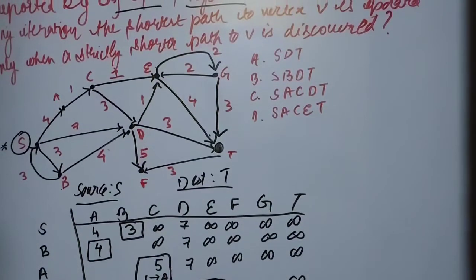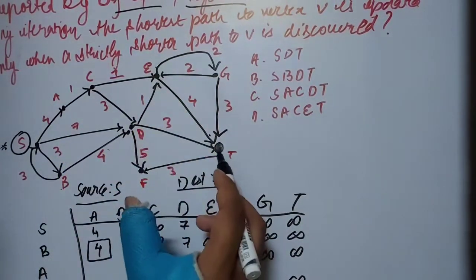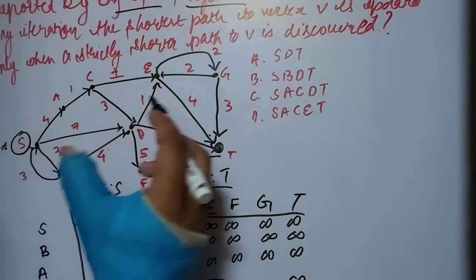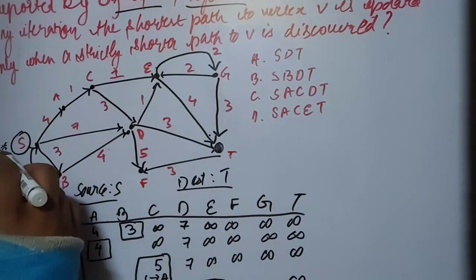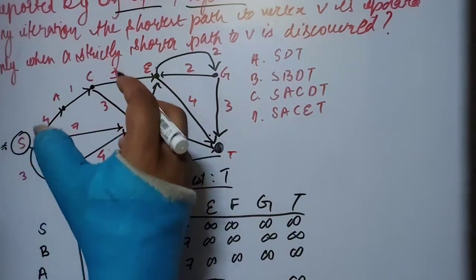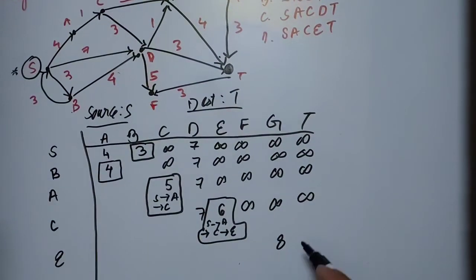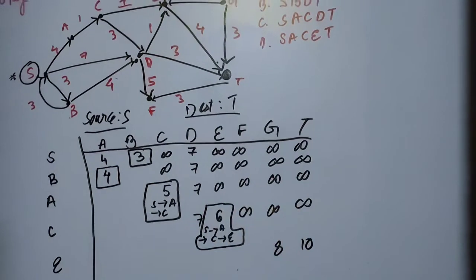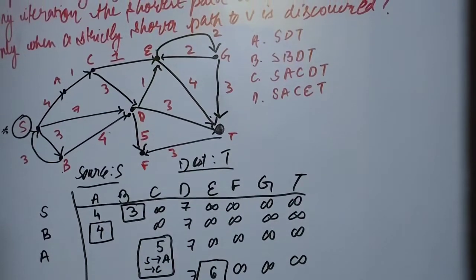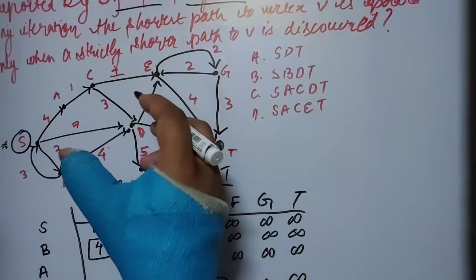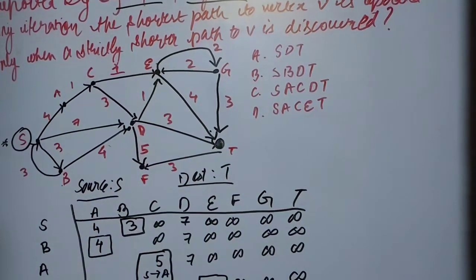Now from E we could reach T, and its distance is 4. From S to E is 6, and 6 plus 4 is 10. So now here it comes 10. And we could not reach F from E, so we will put infinity in this column.